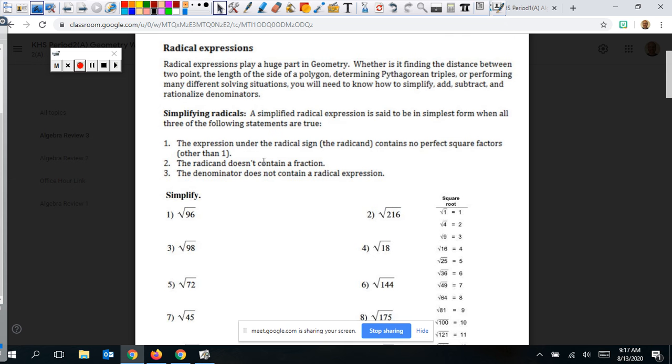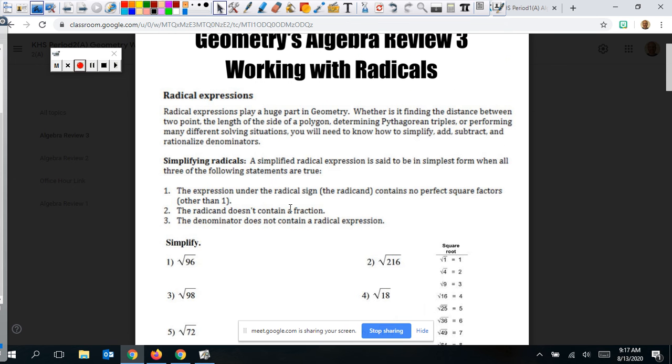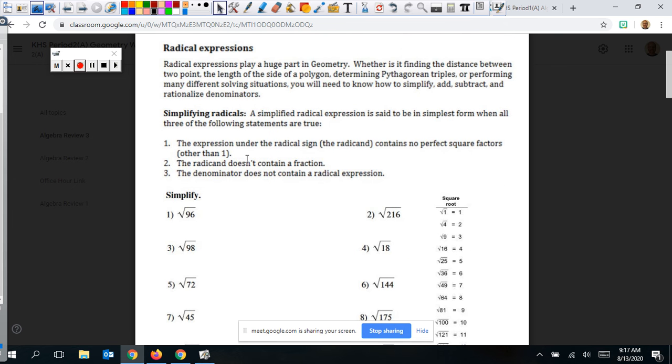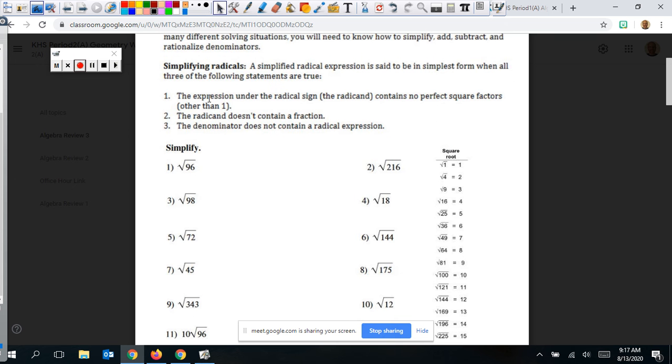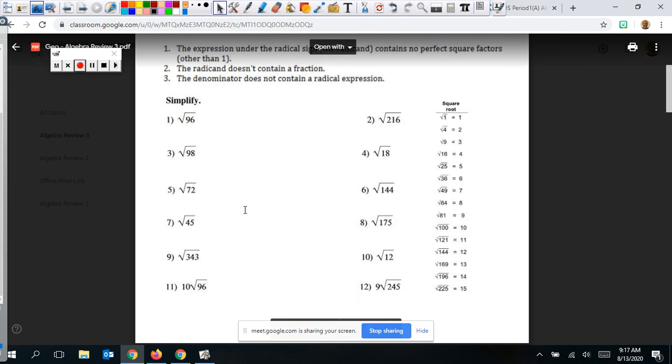If you're doing it on your own piece of paper, you may want to take a picture. I'll pause for a second here on this spot. If you have this printed, you don't need to take a picture of this part. But you may want to write down these 3 things that call for simplifying radicals.